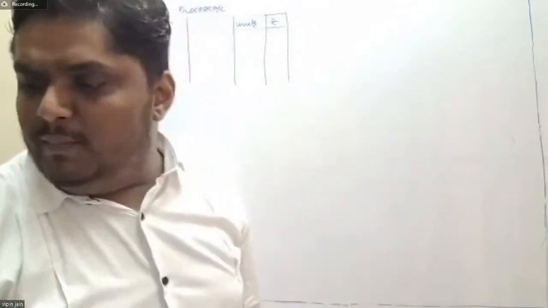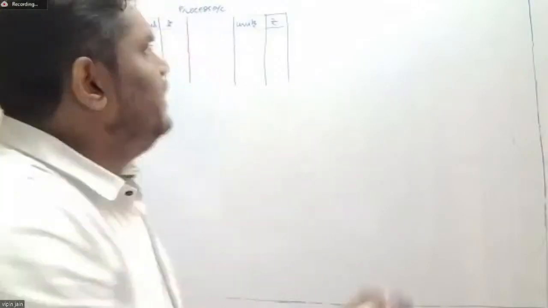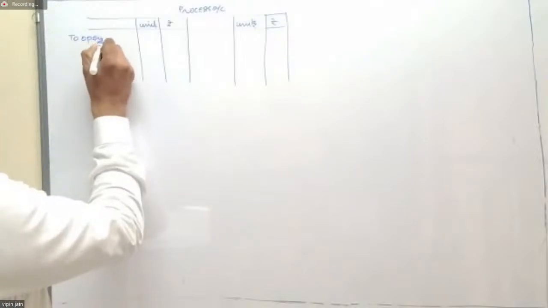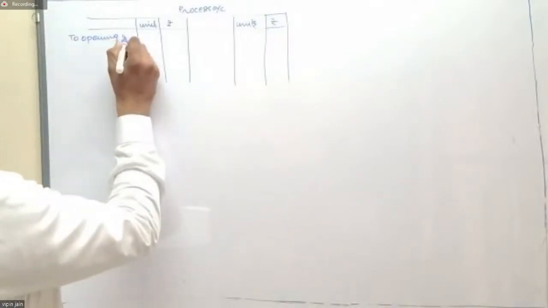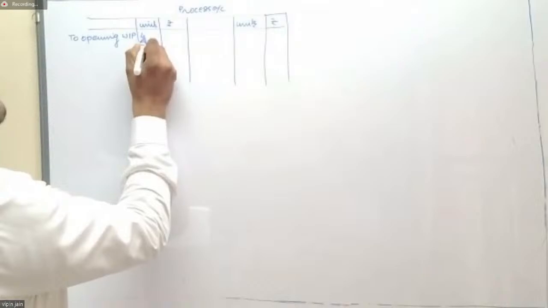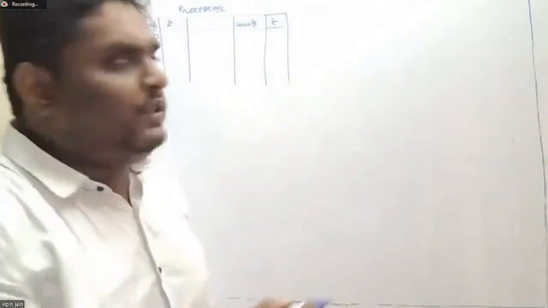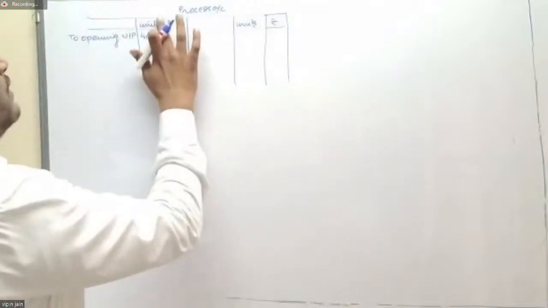Here opening work in progress is given, that is 4,000 units. And the total cost of these 4,000 units is 8,000.